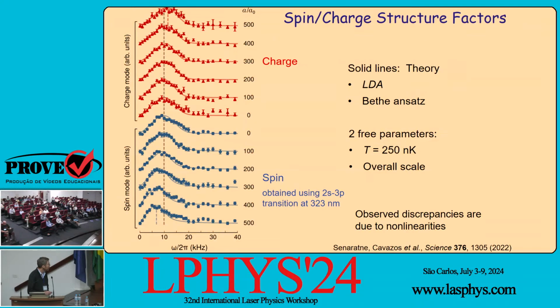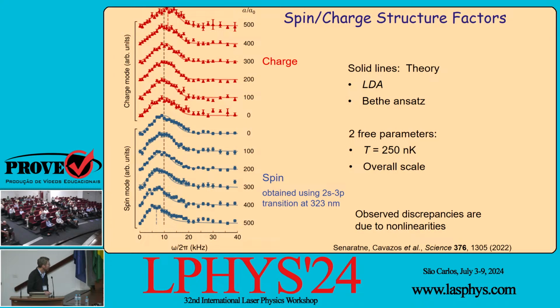This is our data. These are the structure factors that come from the scattering of the Bragg pulse. And you can see they agree pretty well. There's some disagreement in here on the spin mode at high interaction strength, but everything else fits pretty well. The solid lines shown here, either for the charge or for the spin, are from the Bethe ansatz assumption, and the two free parameters are the overall scale and the temperature.